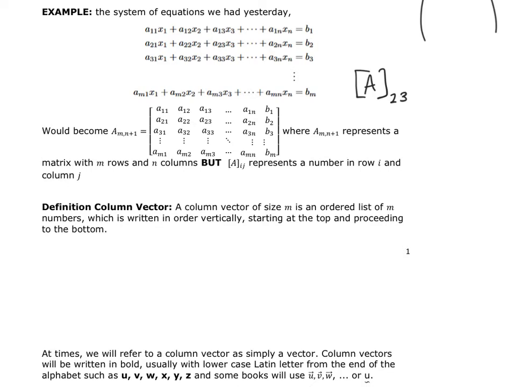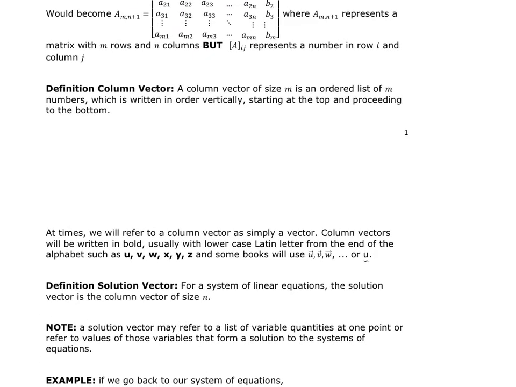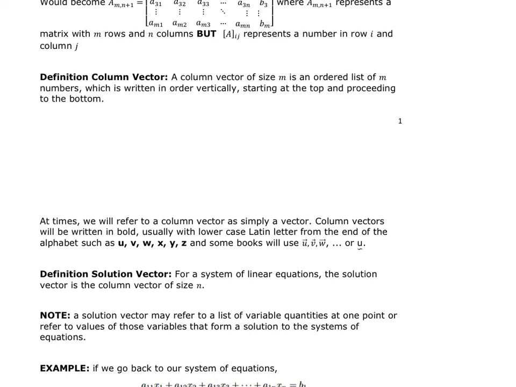Okay, so when we are looking at a matrix, if we have a matrix that has only one column and M rows, we're going to call that a column vector, which is basically just a matrix that has one column. Column vectors are usually written in bold. When we're talking about column vectors, we usually just call them vectors. However, it can also be written with a bar or an arrow across the top.